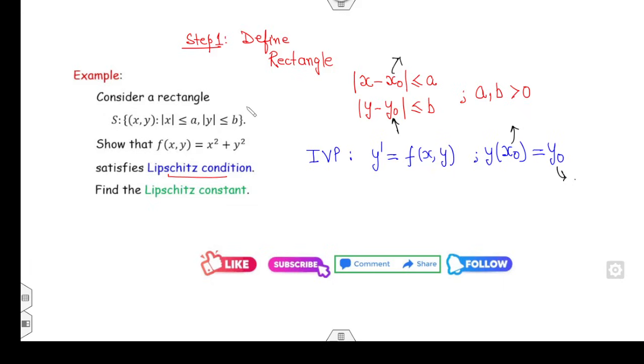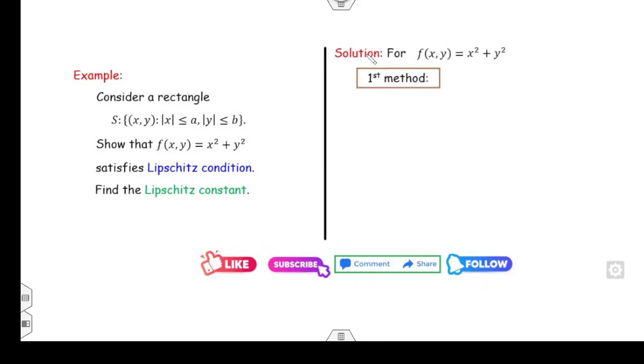So here the rectangle is already given to you. If it is not given, then you have to define the rectangle in such a manner. Clear?